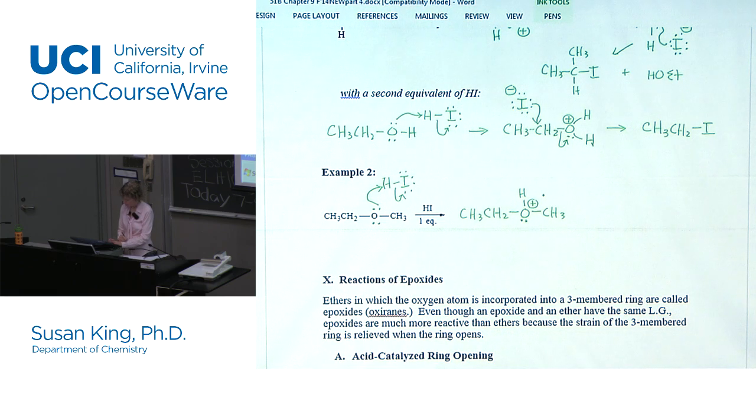Okay, so no good carbocation. Therefore, we're going to get an SN2. Which side is the iodide going to attack on?